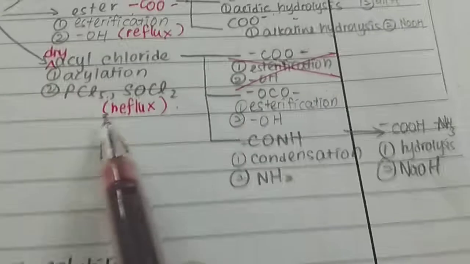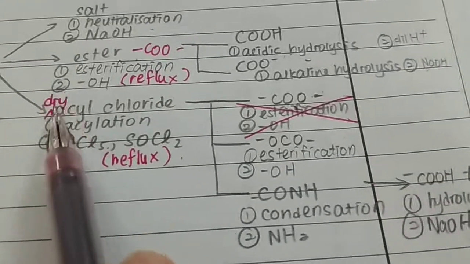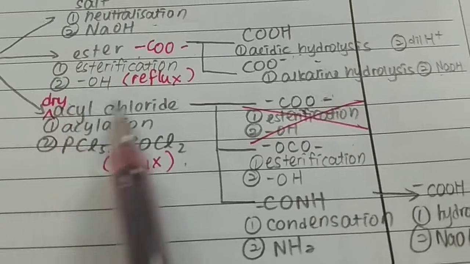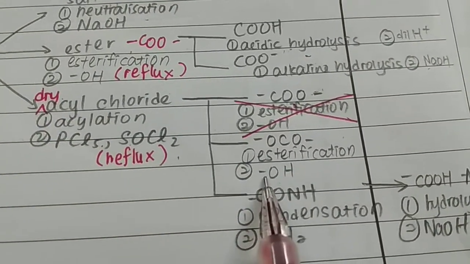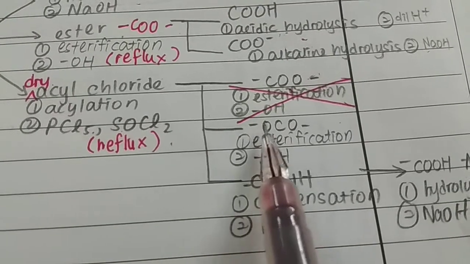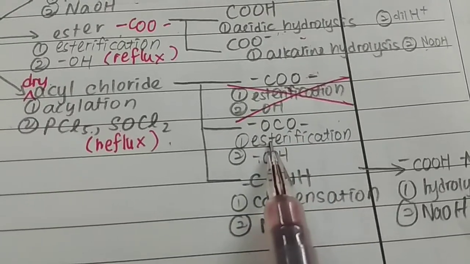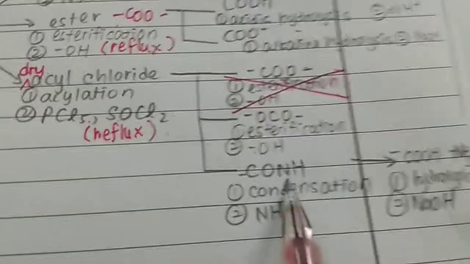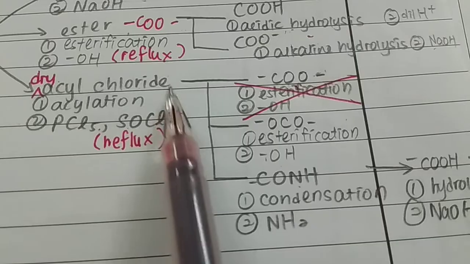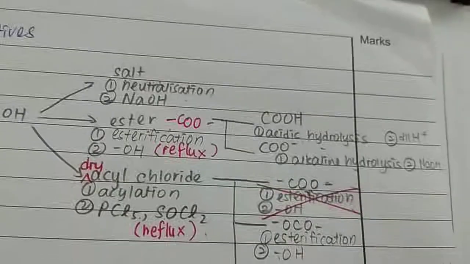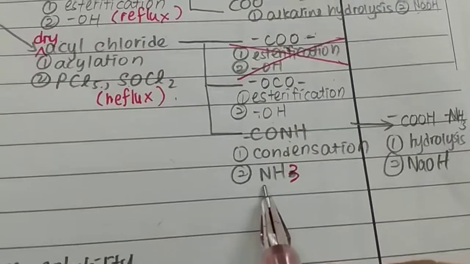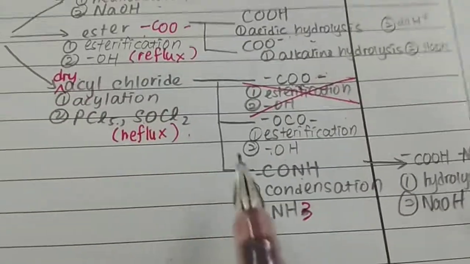After this, you have dry acid chloride. Remember, you have to add this dry. Only dry acid chloride can react with alcohol to give ester in the arrangement of OCO through esterification. After this, we will have acid chloride reacting with ammonia.